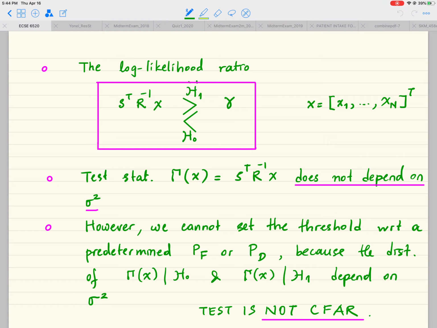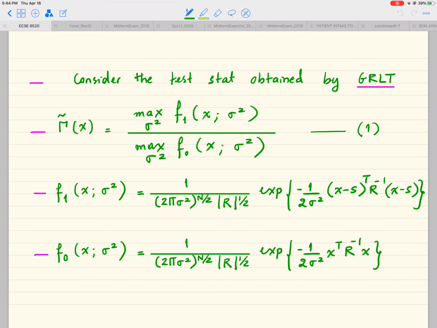So in both cases, the distribution of the test statistic depends on the unknown, therefore the log likelihood ratio test is not a CFAR test. Okay.